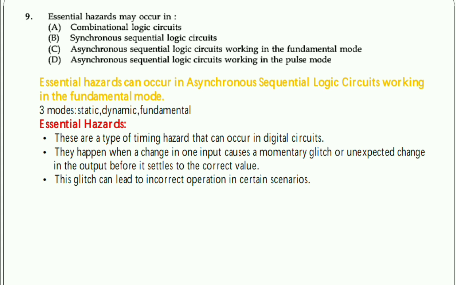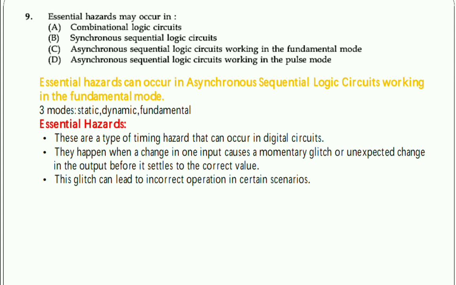Actually, there are three types of hazards, that is static, dynamic, and essential. Essential hazards occur due to the delay in different flip-flops. This results in the logic not performing its function properly. These hazards may occur in asynchronous sequential logic circuits working in the fundamental mode.